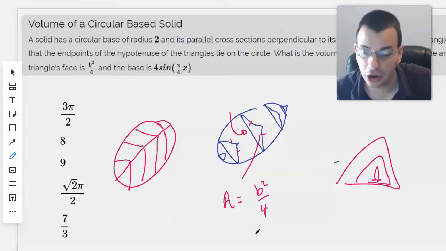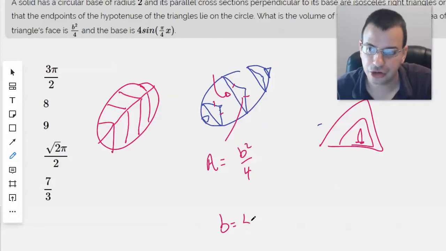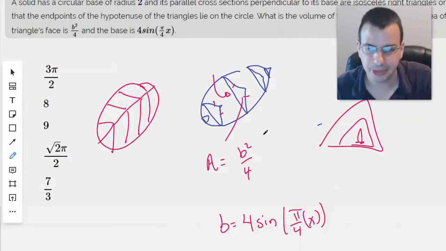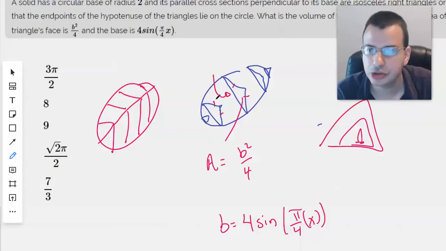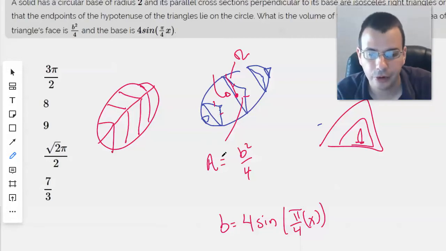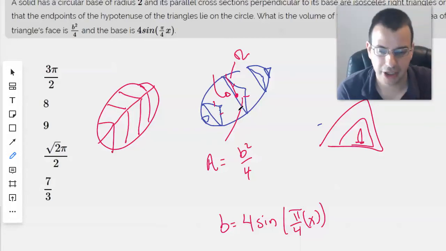And it's saying that also b equals 4 sine of pi over 4 x. Which sort of makes sense, because this is a circle of radius 2. Therefore, the maximum distance from one side to the other will be 4.